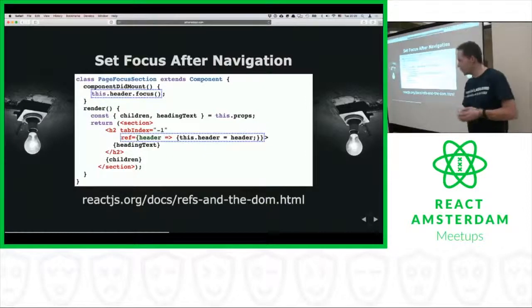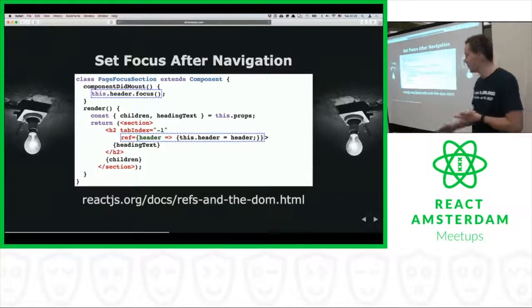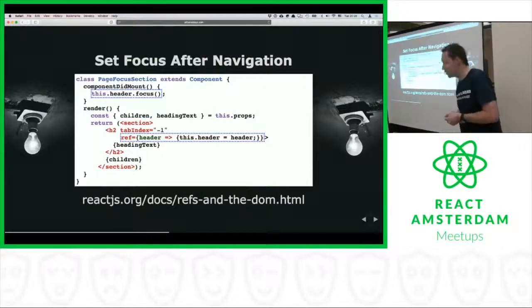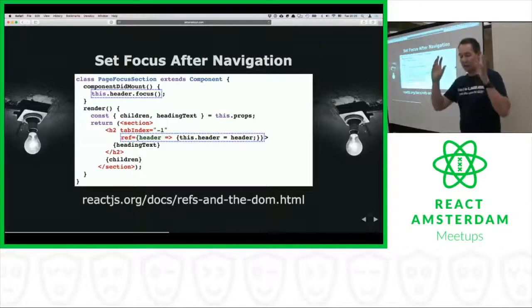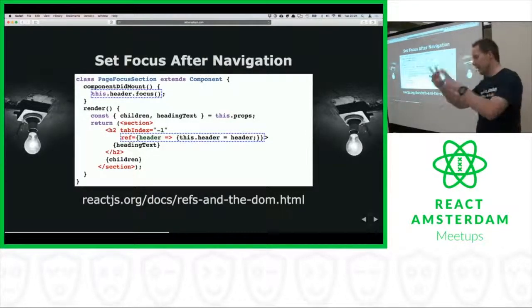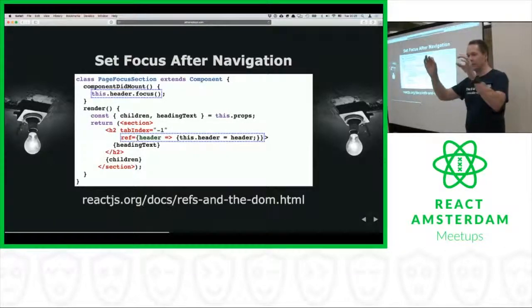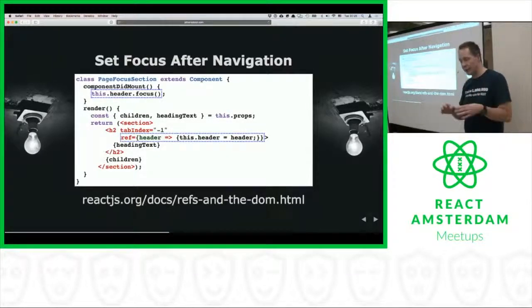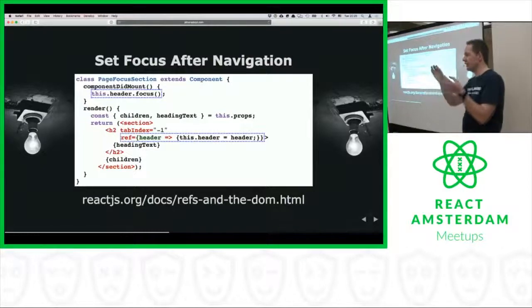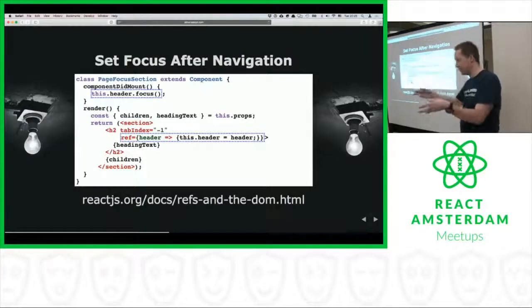Now, earlier in the talk on D3, we already saw some mention of refs. What I can do is, in a routed component, as soon as it is rendered, I can go and set focus on an element in that component. The screen readers will read out whatever text is in the current element that has the focus.